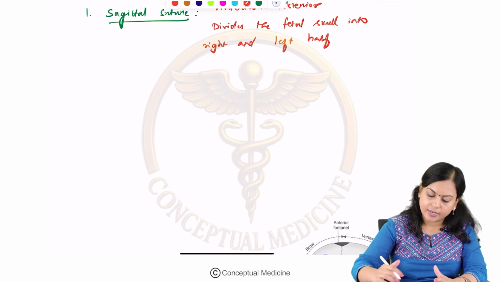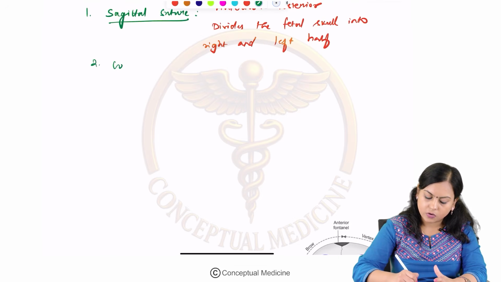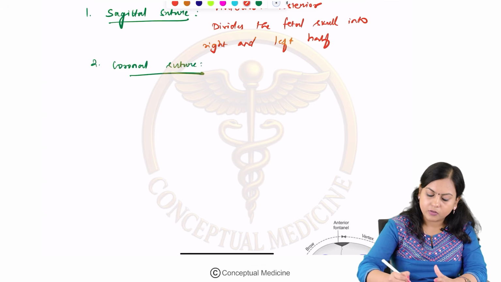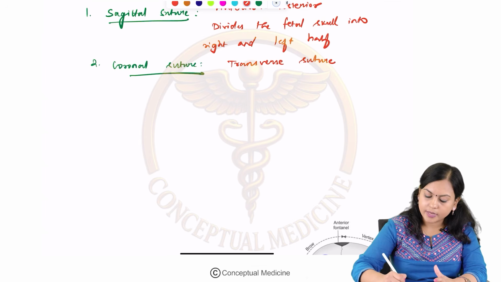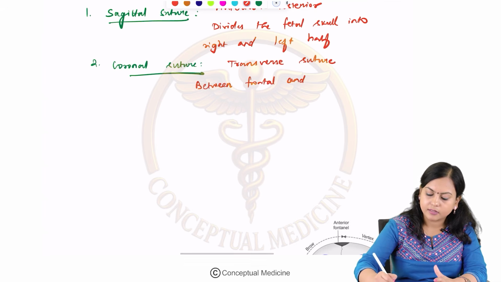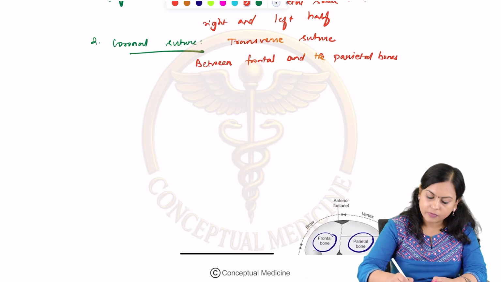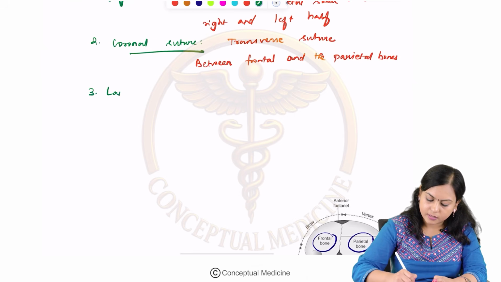Next one is the coronal suture. Remember, the coronal suture is a transverse suture, and it is present between the frontal and the parietal bones. The third suture is the lambdoid suture.